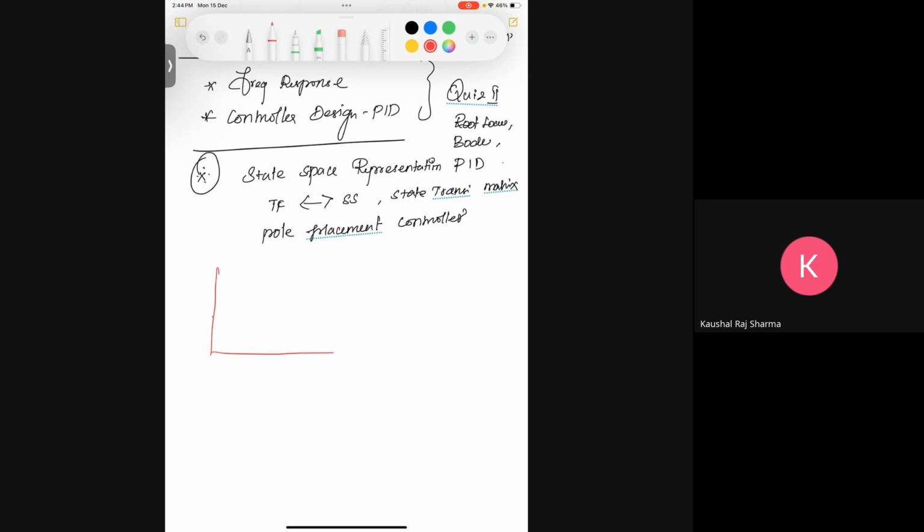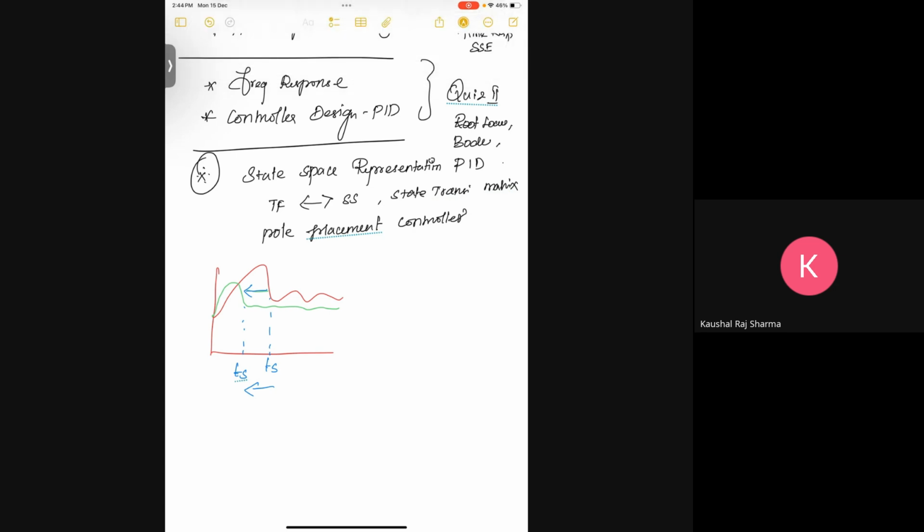So far, if this is my time response analysis, and I want my system to behave like this, I have to bring this output response from this point of settling time to this point of settling time. Basically, I want to reduce the settling time.